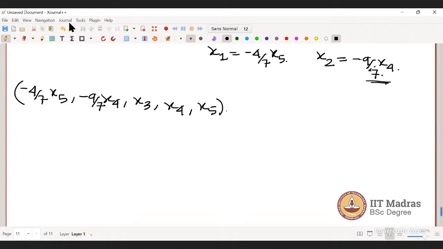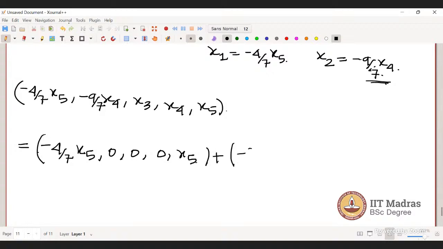Now can you see what will be the dimension of this space? Yes, sir. It's basically 3, right? Yes, because as you can see, you can write this as x5 0 0 0 x5, right? Then you have minus 9 by 7 x4. Sorry, made a mistake. This would be 0 minus 9 by 7 0 1 0 x4.